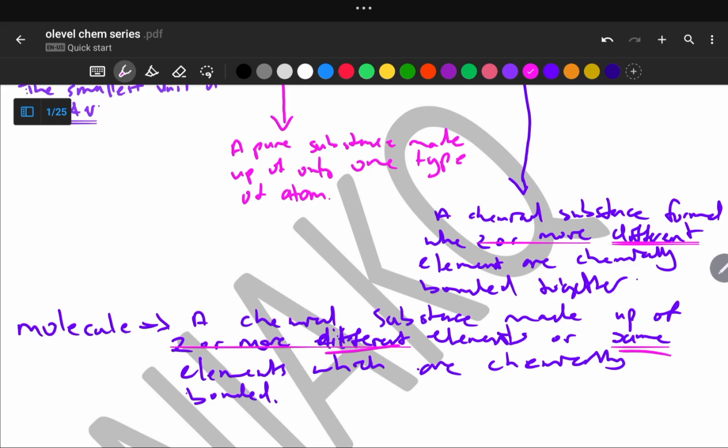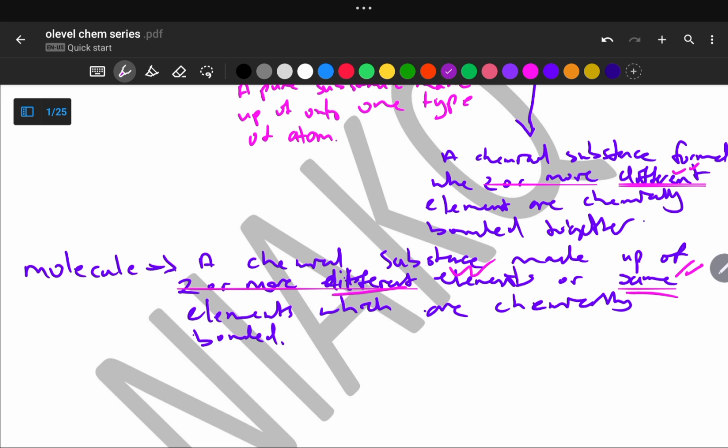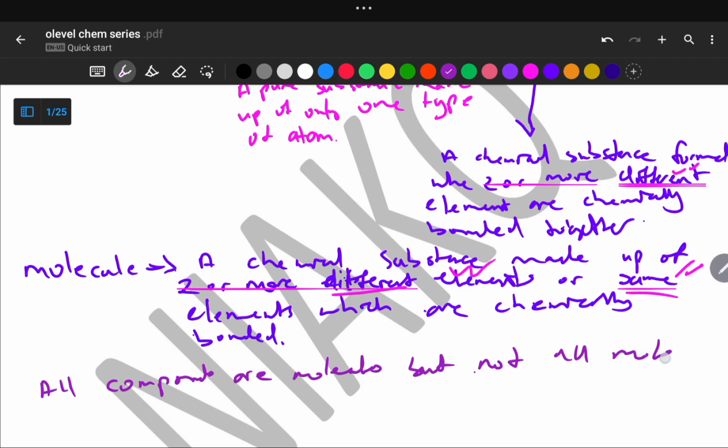A compound is made up of different elements, and a molecule can be made up of the same elements or different elements. In other words, all compounds are molecules, but not all molecules are compounds.